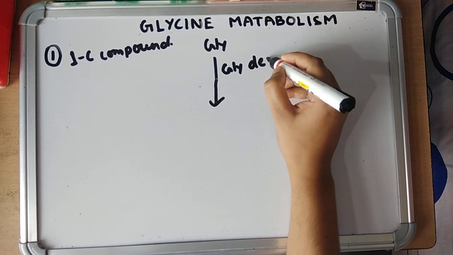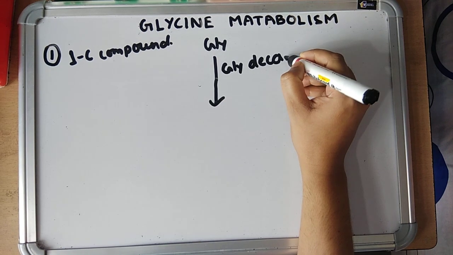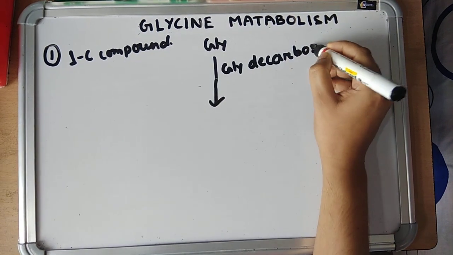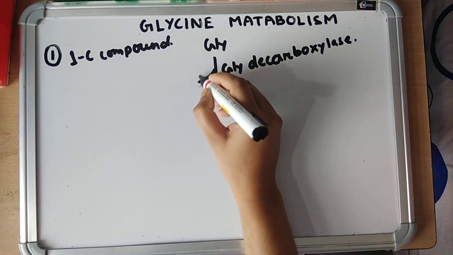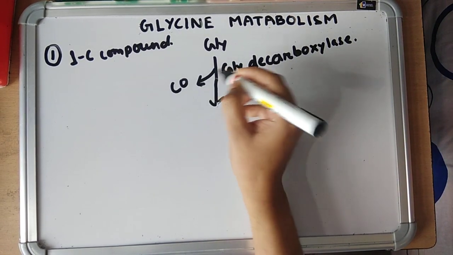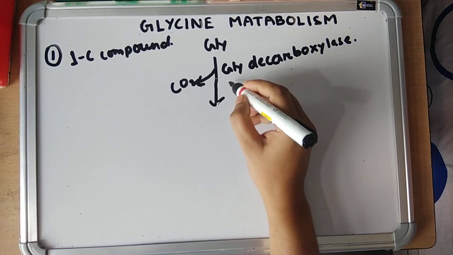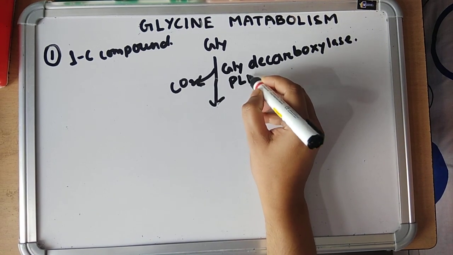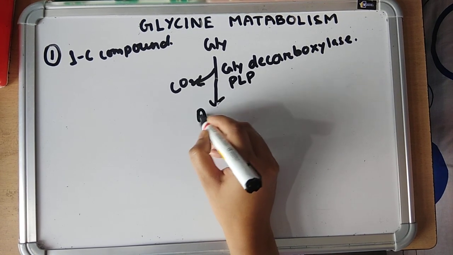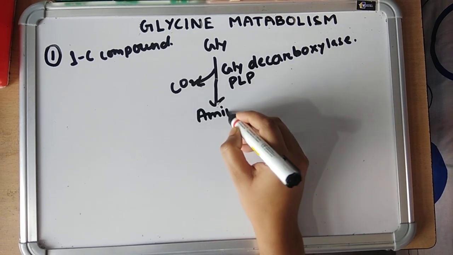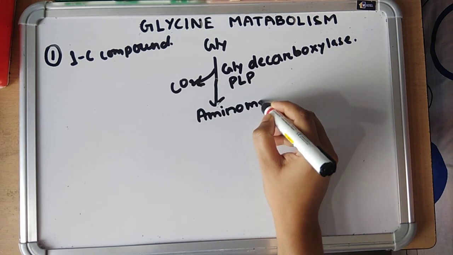So here the first enzyme of this multi-enzyme complex is glycine decarboxylase. It releases carbon dioxide, and it needs pyridoxal phosphate as coenzyme, and glycine is converted into an aminomethyl group.